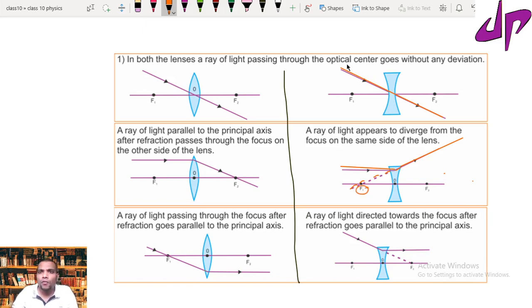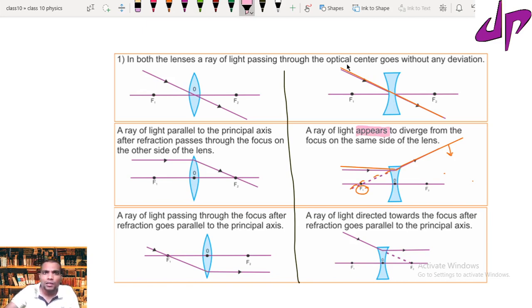The ray of light appears to diverge. So this is the refracted light ray which has already diverged. It is going away. But this diverged light ray appears to come from the focus. Appears means it appears, but it is not real. It just appears to come from the focus.